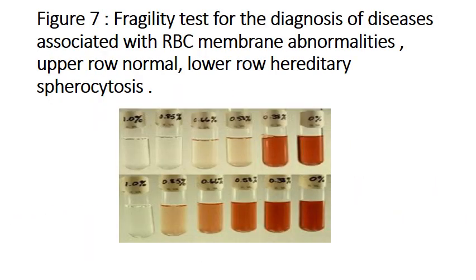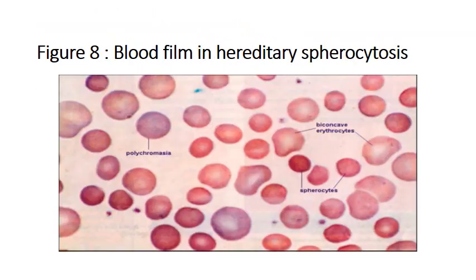This is the fragility test, which is diagnostic of hereditary spherocytosis. When there is a red blood cell membrane abnormality, the first row is normal when put in hypotonic solution, while the lower one shows hereditary spherocytosis because the cells hemolyze when put in hypotonic solution.